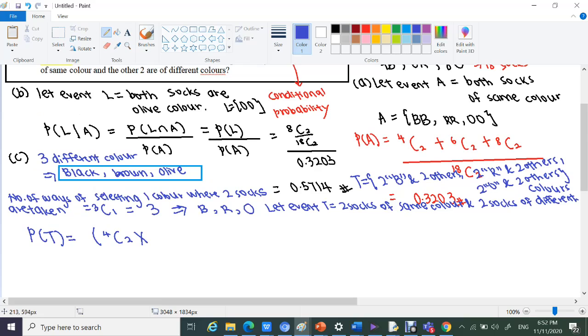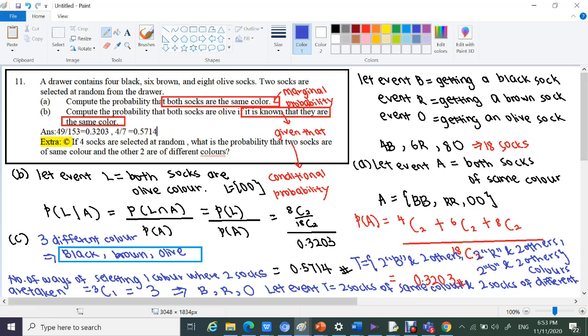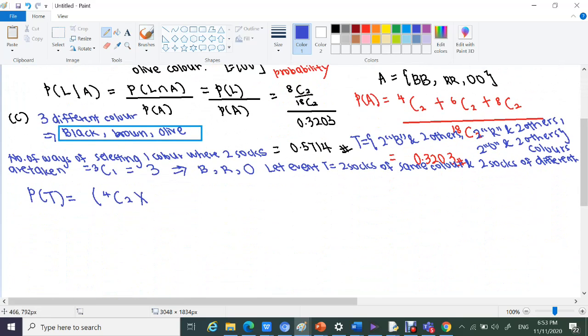So we cannot choose from black anymore. We can choose one from brown and one from olive, because the other 2 can't be the same color. How many brown? We have 6 brown, so 6 choose 1. And olive we have 8, right? So 8, we also choose 1.